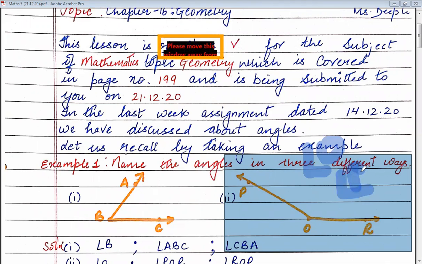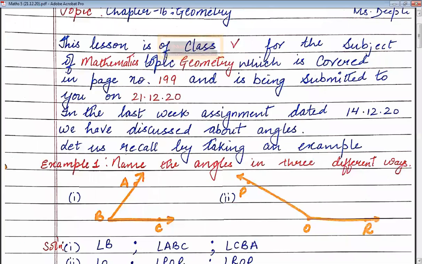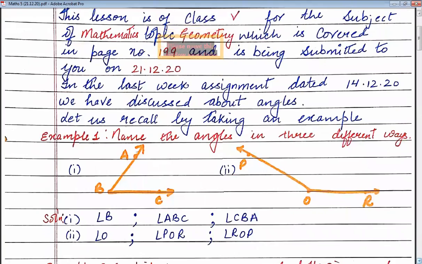Let us start with point P. So you can write angle POR. This is also the way you can say. The next one is angle ROP. So these three are the ways of writing an angle. Is it clear, students? I hope you are clear with how to name an angle.